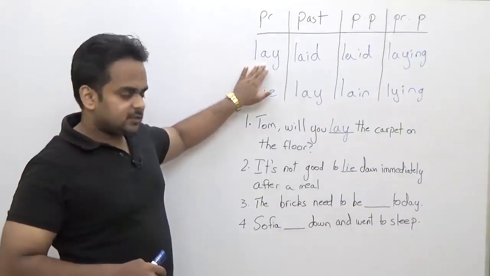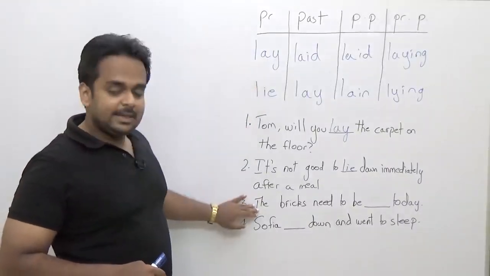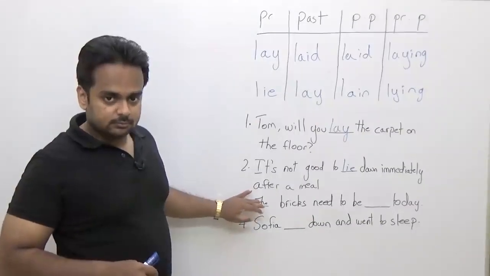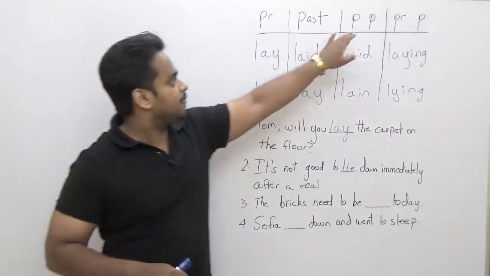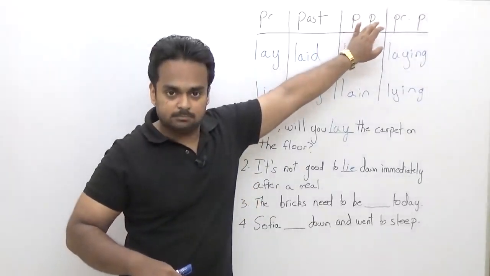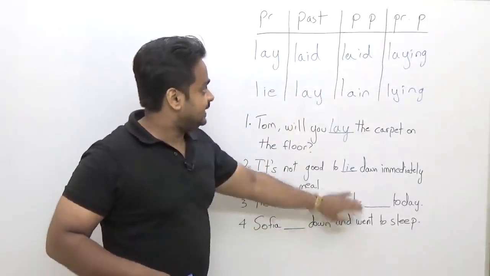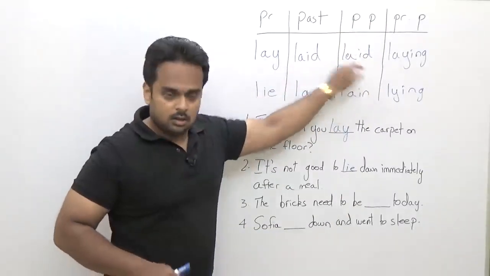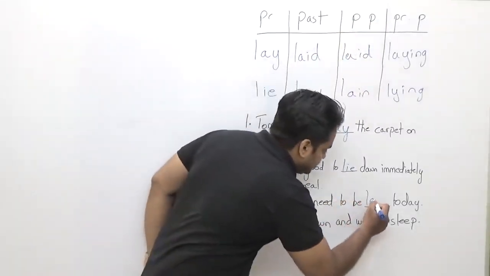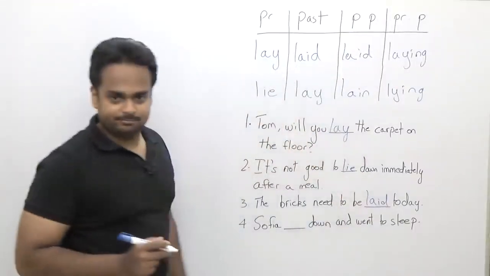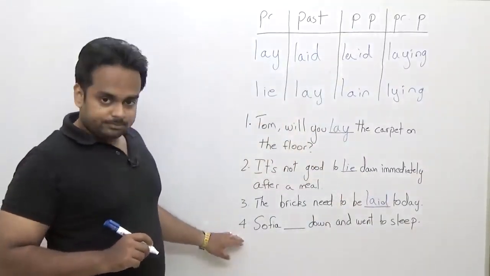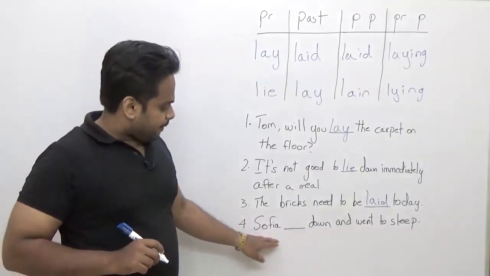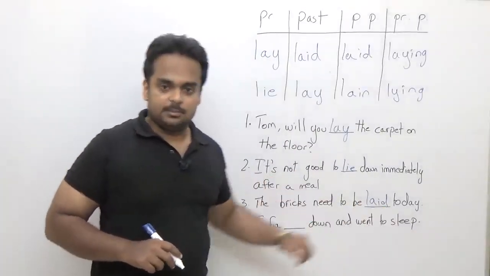But we can't put this form here because this is in the passive voice. Now, when you have a sentence in the passive voice, you need the past participle form. So the bricks need to be laid today. Did you get that one? Right, number 4 is Sophia down and went to sleep.